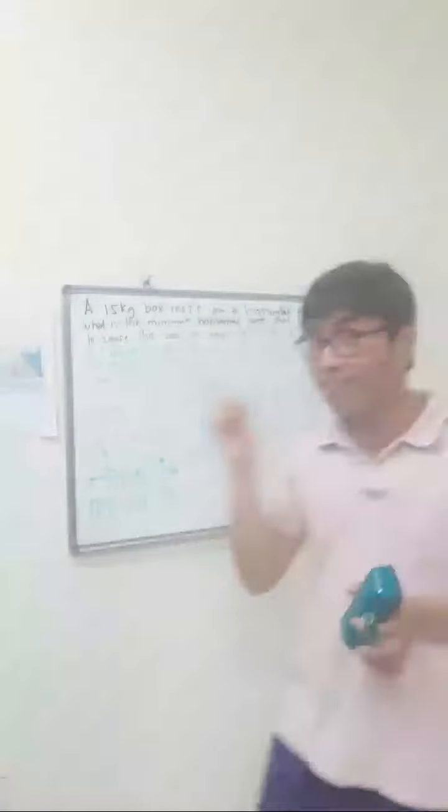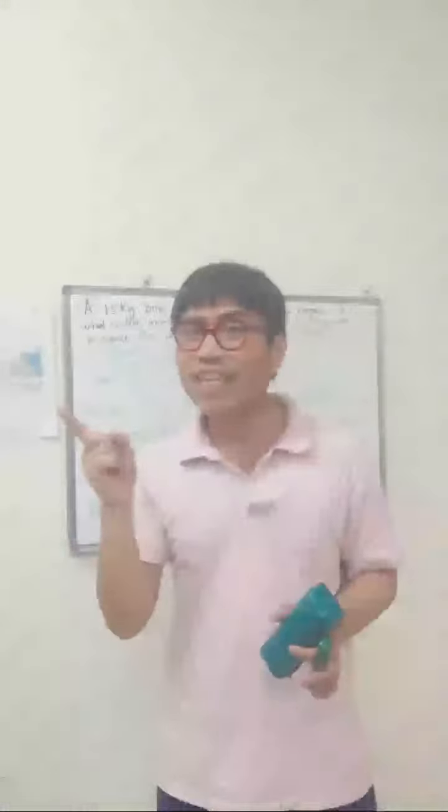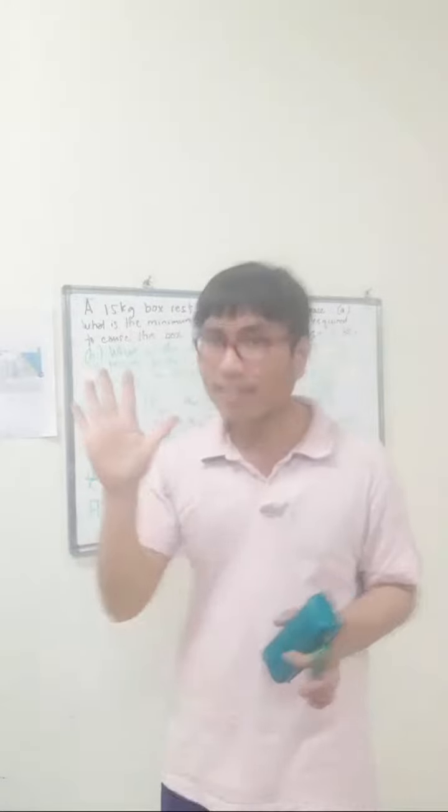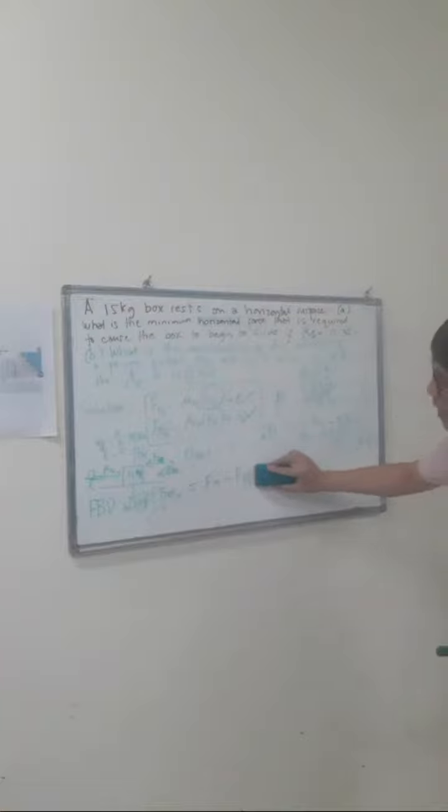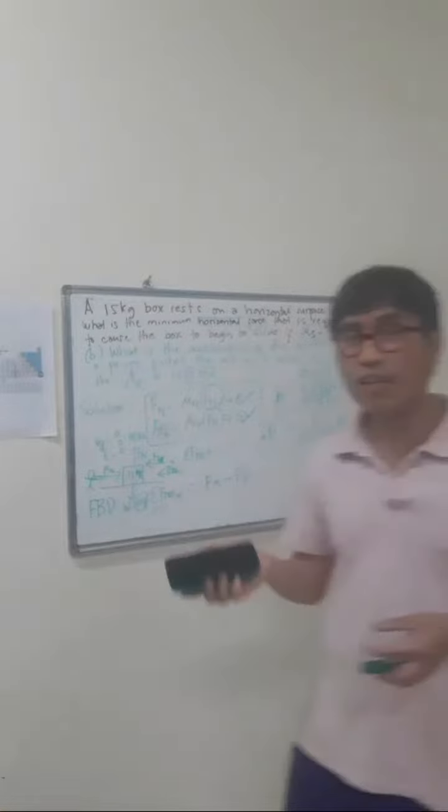Because of the paragraph, it's being cut. It's not a comma. See? A: what is the minimum horizontal force required to cause the box to begin to slide if the coefficient of static friction is 0.35, period. So it doesn't talk about a frictional kinetic coefficient. So stop there and we will remove this frictional kinetic force for now.